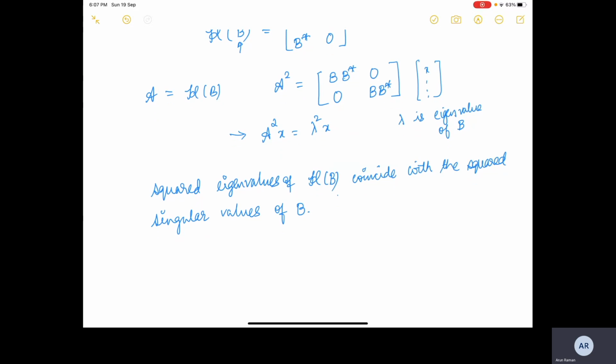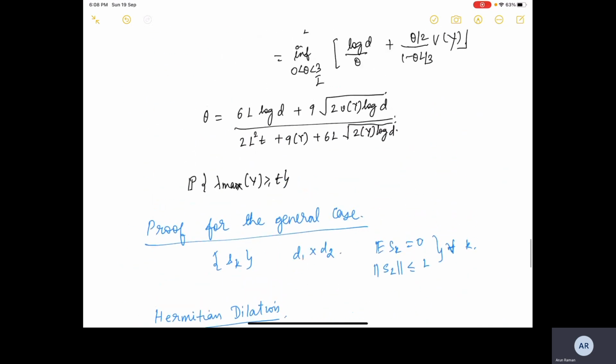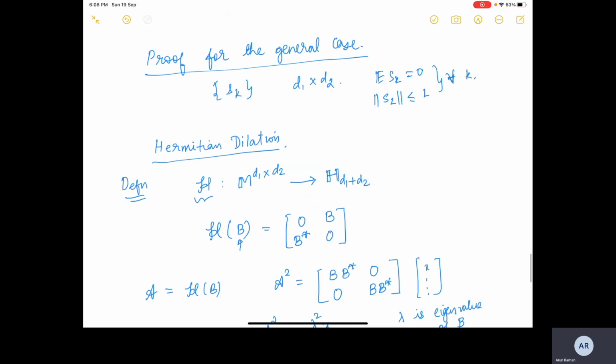So when we have this, lambda max of the dilation follows. This is the main result which we will be using, and once we have used this, everything will just fall through. At this point we are not really worried about the proof of matrix Bernstein. We have already seen one example of how to apply matrix Bernstein for the covariance case, and we have got a general feel of how the proofs work out.